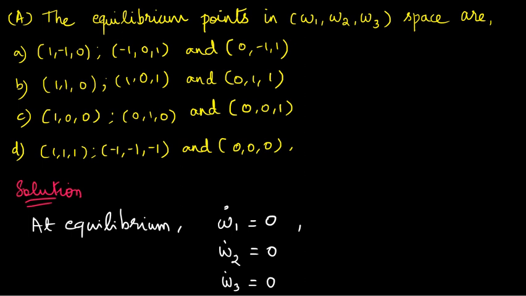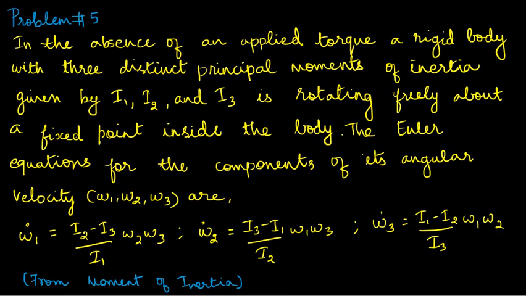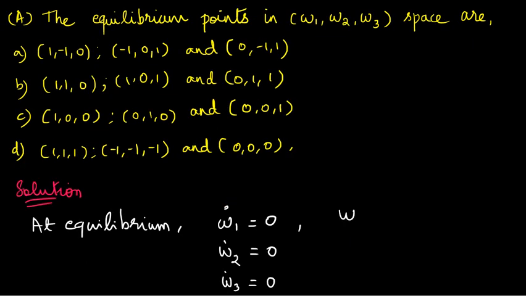So when omega 1 dot is 0, then from our Euler equations, we have omega 2 into omega 3 to be 0. Similarly over here we have omega 1 into omega 3 to be 0, and here omega 1 into omega 2 to be 0. Okay, so now we know that omega 1 dot is 0 and the other terms as I have written over there.